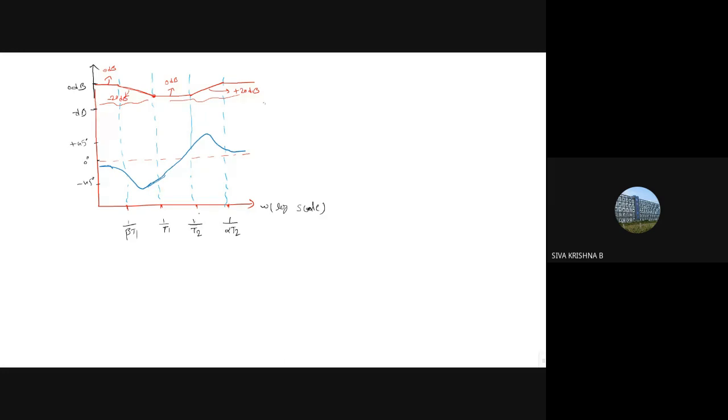So this is the phase plot of the lag lead. Here it is phase, and here it is magnitude. So this is the magnitude plot, and downwards is the phase plot.